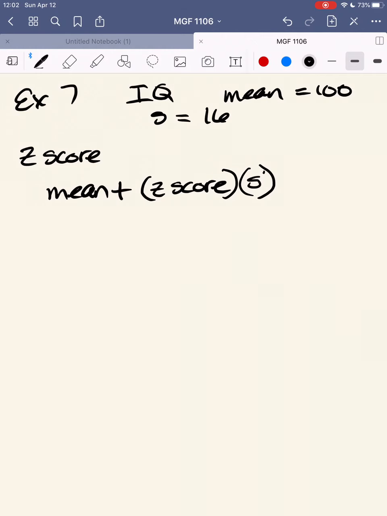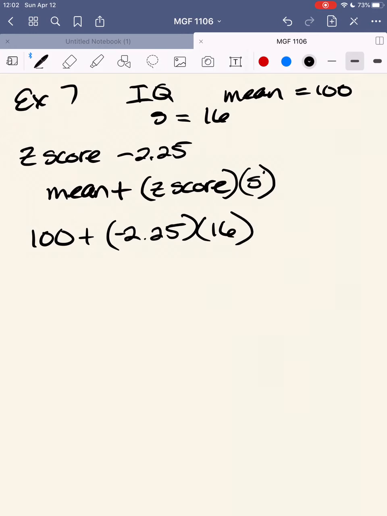In this case, my mean is 100. I add my z-score, which is negative 2.25, times my standard deviation of 16, which gives me 64.